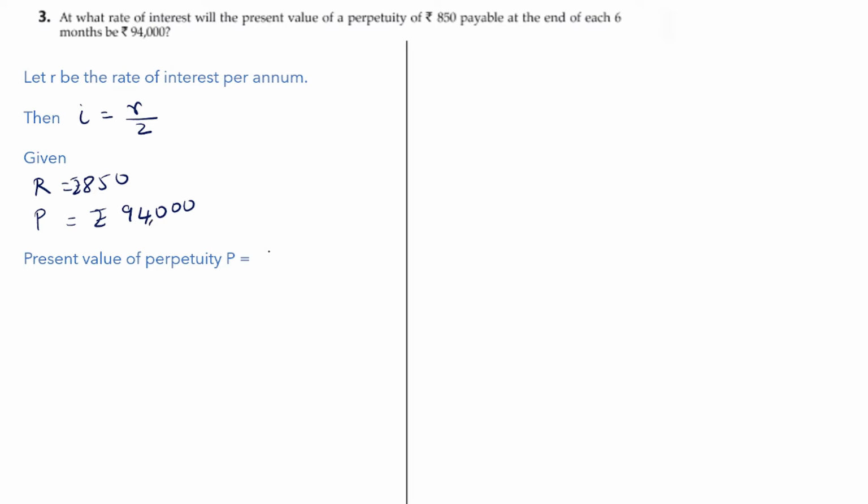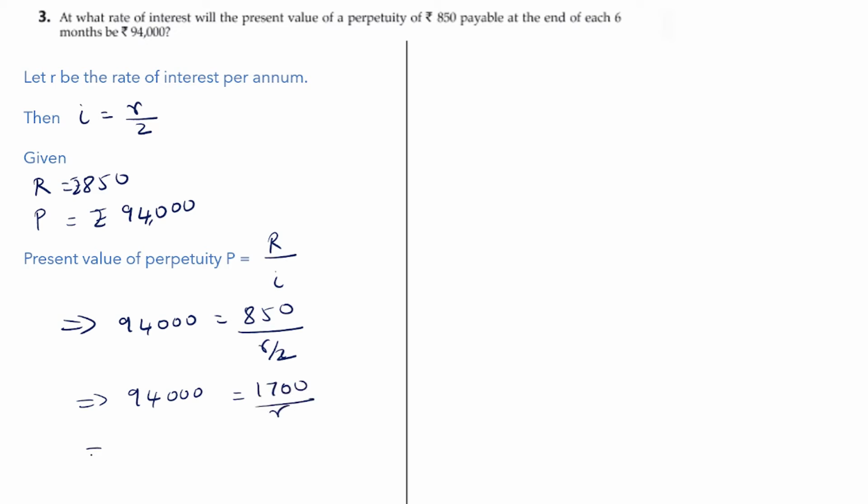We know that the present value of an ordinary perpetuity, payable at the end of each 6 months, is given by R by I. So here P is 94,000, R is 850, and I is R by 2. From this we get 94,000 is equal to 1,700 upon R, or R is 1,700 upon 94,000.